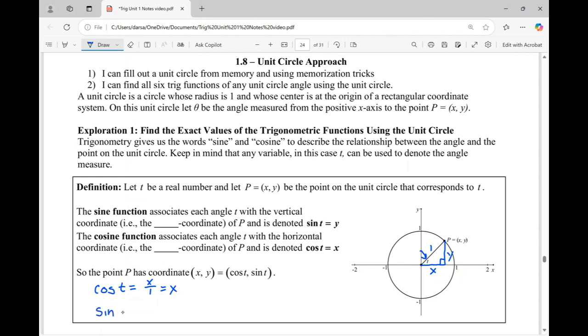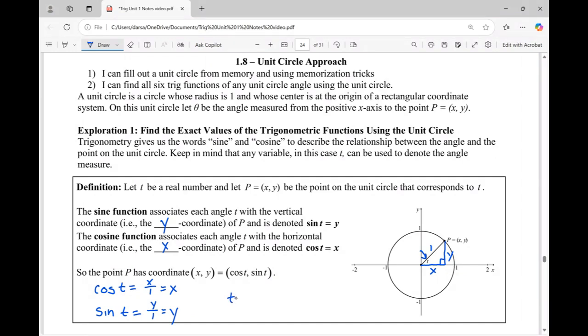The sine of angle T, so opposite over hypotenuse, that's y over 1, or the y value of the xy coordinate. And so you can see, if you know that point on the outside of the unit circle, then the sine function is always going to be the y coordinate and the cosine function will be the x coordinate.